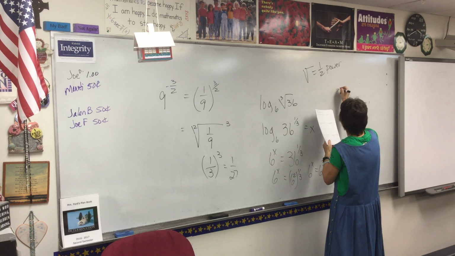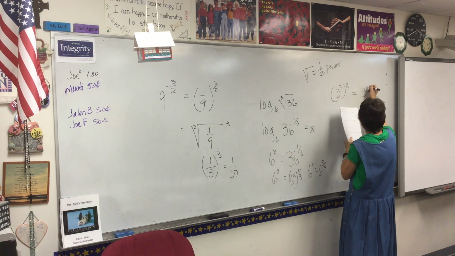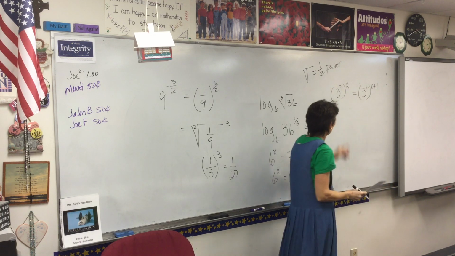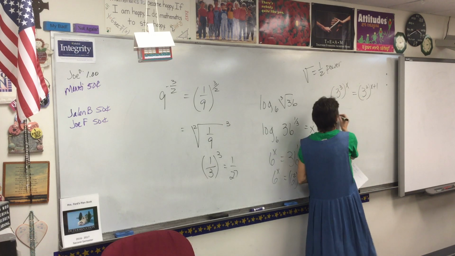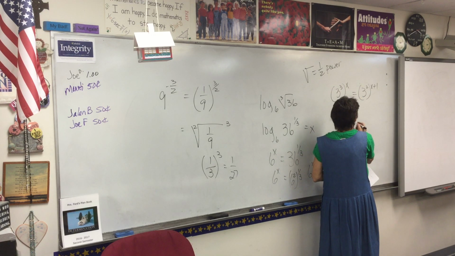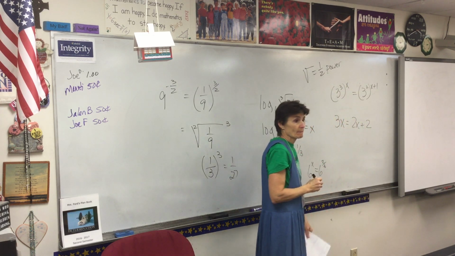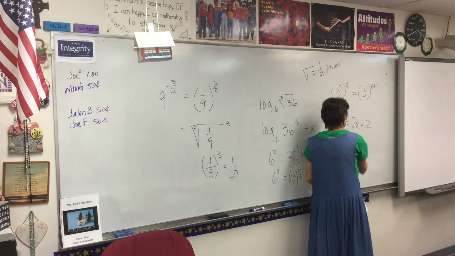So we have 3 cubed and 3 squared. What do I do with these exponents? Multiply them and set them equal. So 3x equals 2x plus 2. X equals 2.